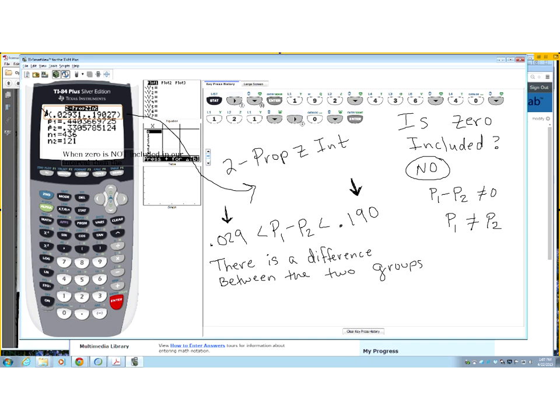When 0 is not included in our interval, then there is a difference between the two groups. When 0 is included in our interval, then there is no difference.